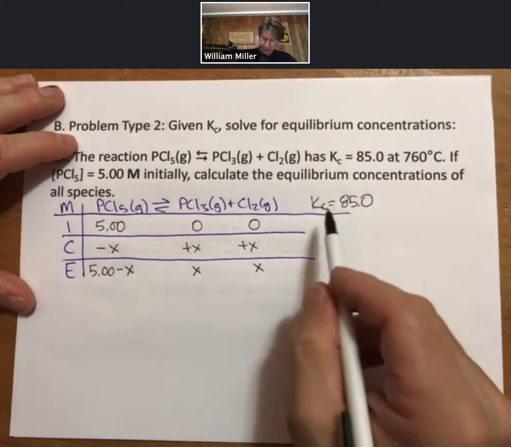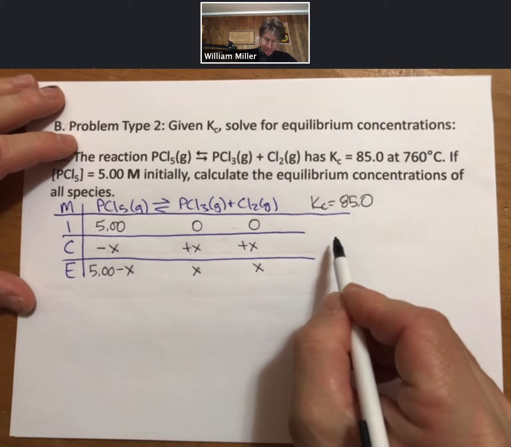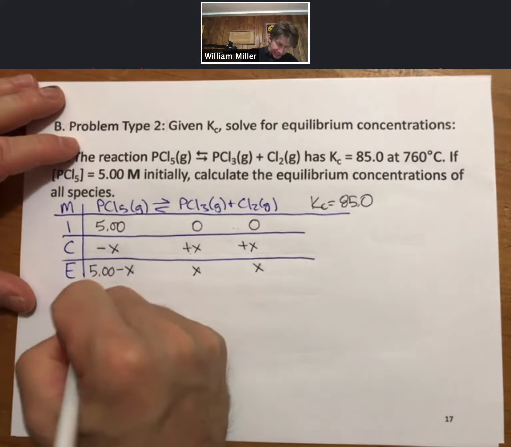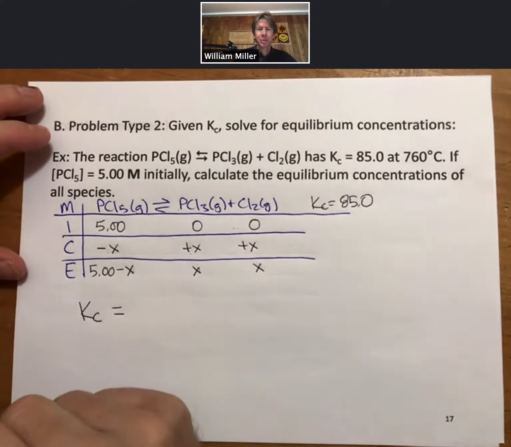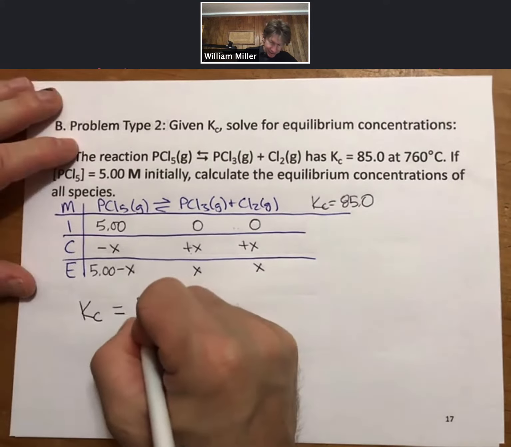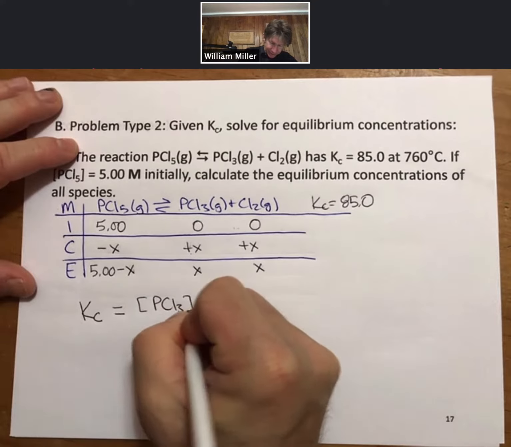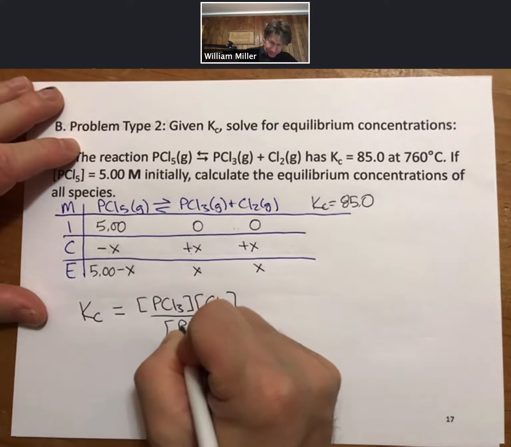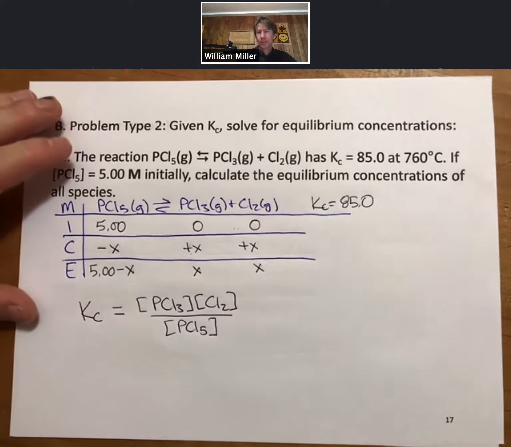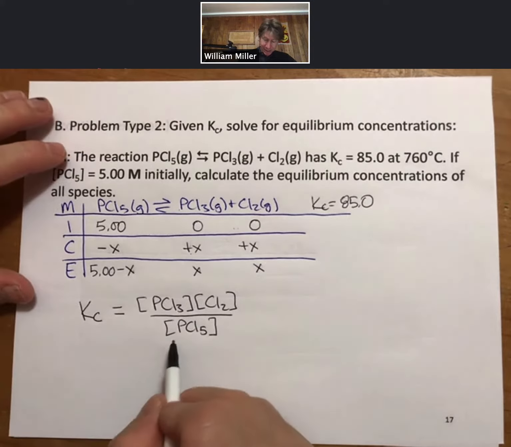Okay, so good. Now we take our Kc and we write out our equilibrium constant expression. It's products raised to exponents over reactants. And then I'm going to plug into this expression.